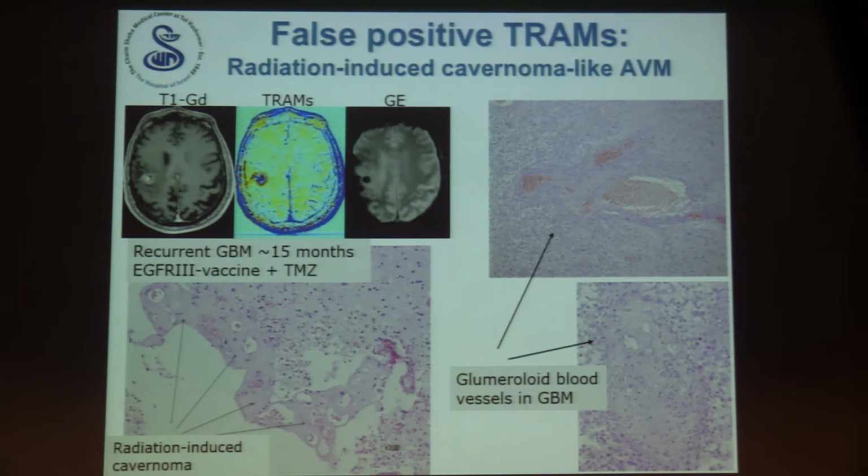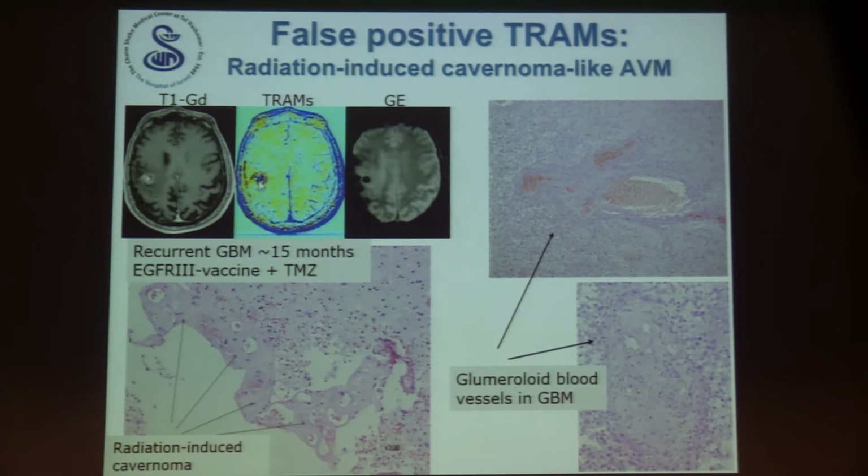And we went back to our database and we found about 6 such cases. Most of them are brain metastasis, but this case is a GBM patient. So this was a recurrent GBM patient treated by immunotherapy, who responded really well. And then about 6 months later, he grew this lesion which looked blue in the trance.